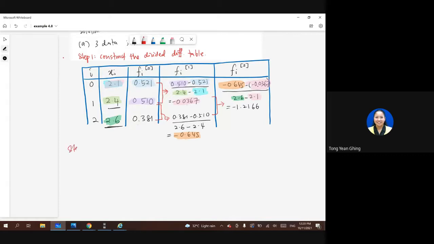Then step 2, construct Newton interpolatory divided difference polynomial.